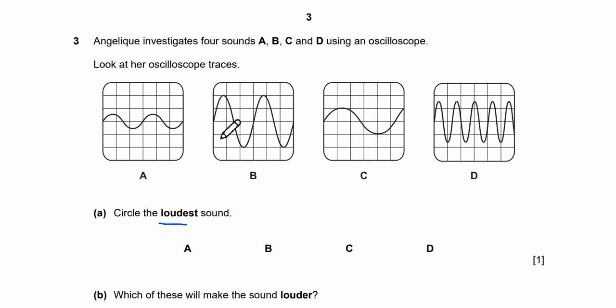So if we see the amplitude is from the middle line, it goes to the crest. We see that this is the highest, and we make this the middle line. This is the amplitude, from here to here.